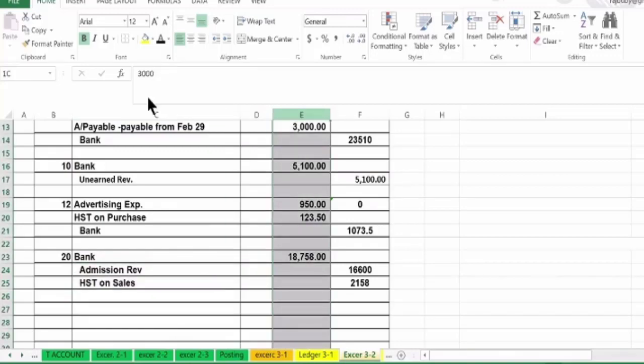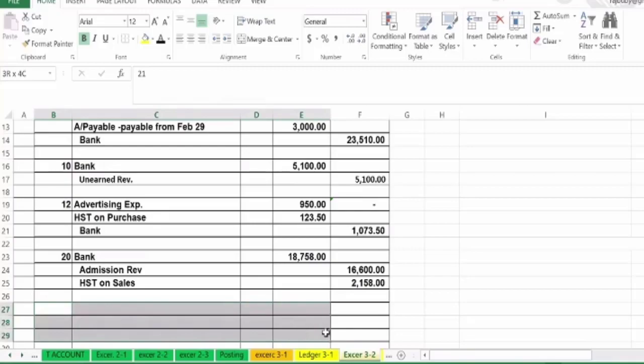March 21st. Received the Indiana Jones movies ordered on March 3rd and will pay rental fee of 3,000 plus HST 390 within 10 days. So this is accounts payable. So film rental expense will be debited, which will be 3,390.